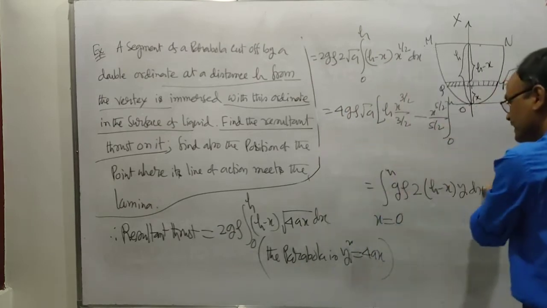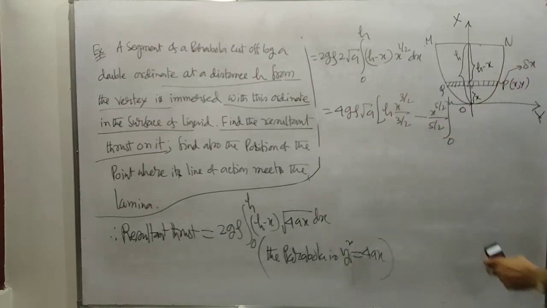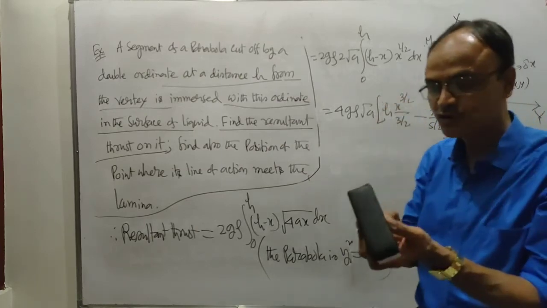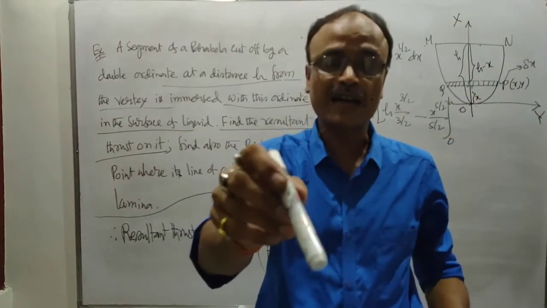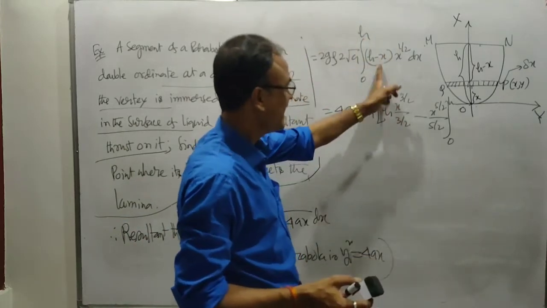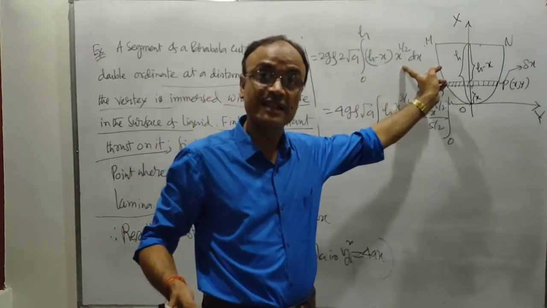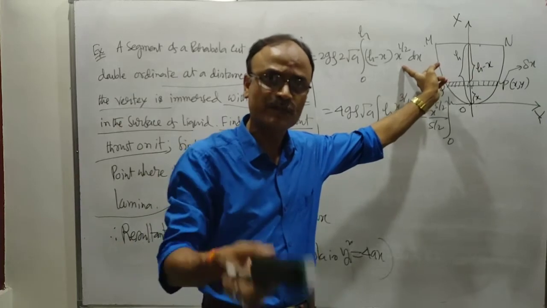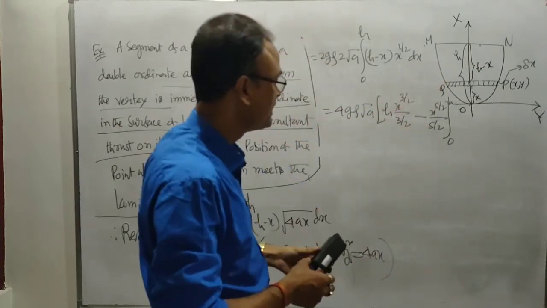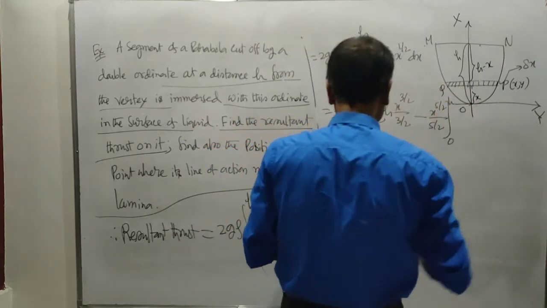The integration of x to the power half is x to the power 3 by 2 divided by 3 by 2. X into x to the power half means x to the power 3 by 2, whose integration is x to the power 5 by 2 divided by 5 by 2, with limits 0 to h.